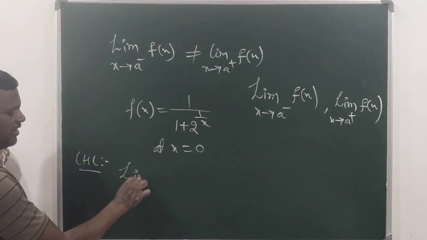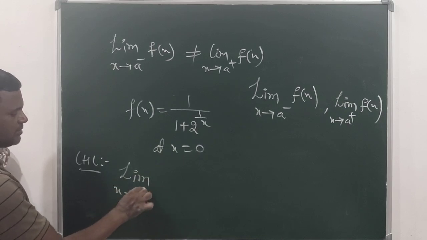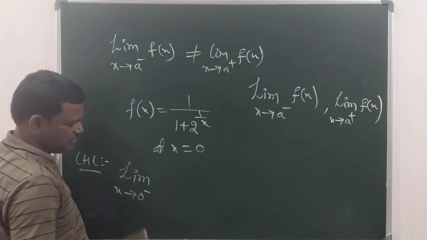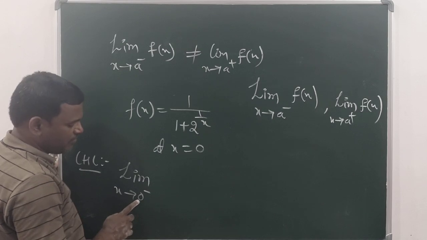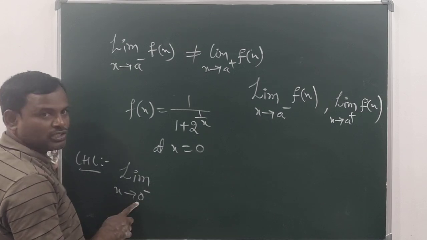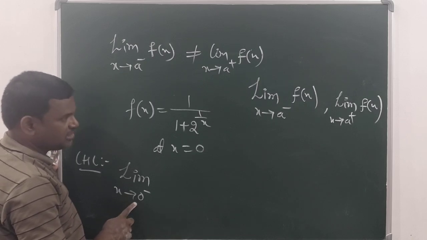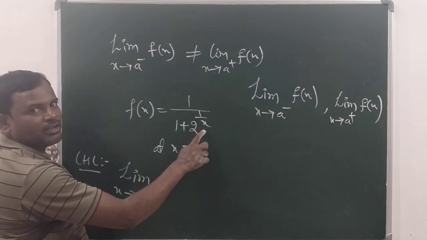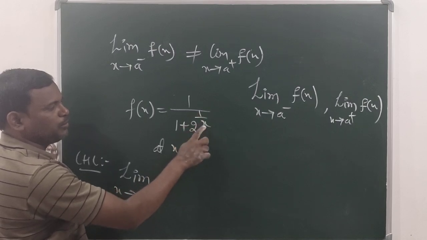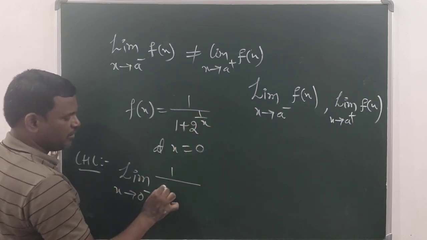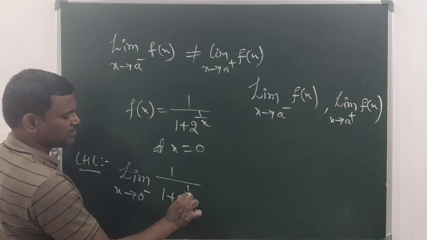Now the left hand limit at 0 minus. Here x is approaching 0 from the left side, which means x is negative. Whenever x is negative, make sure the power of 2 is negative, so here it is 1 by 1 plus 2 power 1 by x.